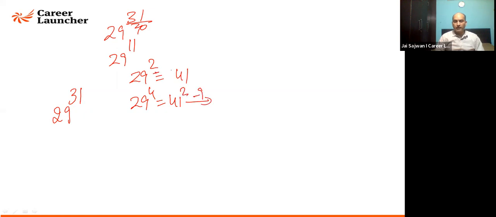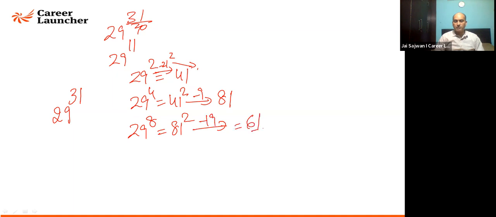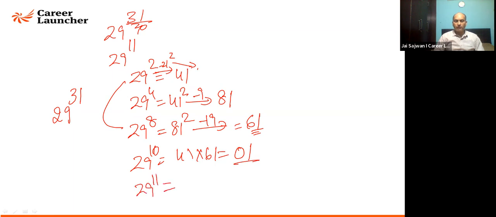As this was 21 less, 21 square is 441 and it is 9 less, 9 square is 81. 29 to the power of 8, this is 81 square, the number is 19 less than 100, 19 square is 361, I'll write 61. 29 to the power of 10, I'll multiply both of these values, that is 41 into 61, that gives you 01. 29 to the power of 11 is 01 into 29, that gives you 29. Yes, Anshu. Answer is 29, that's it.